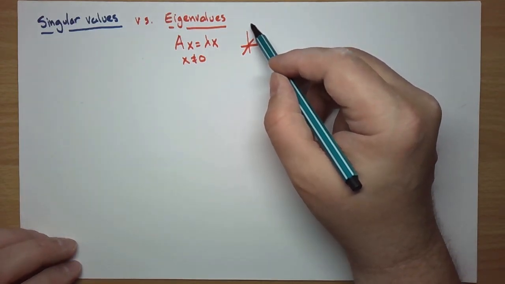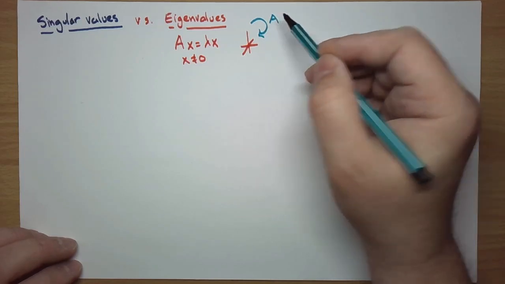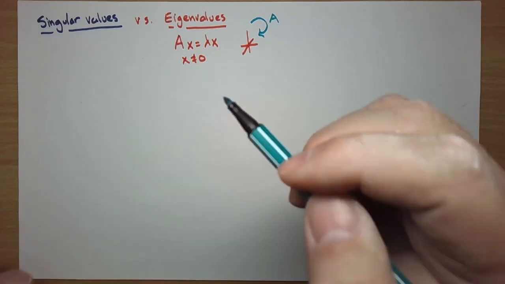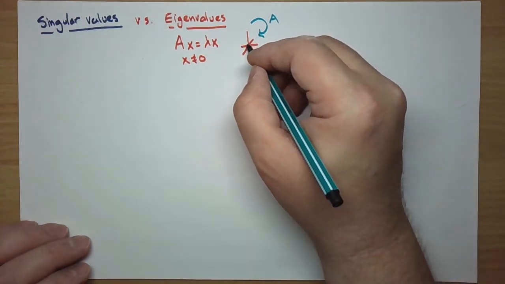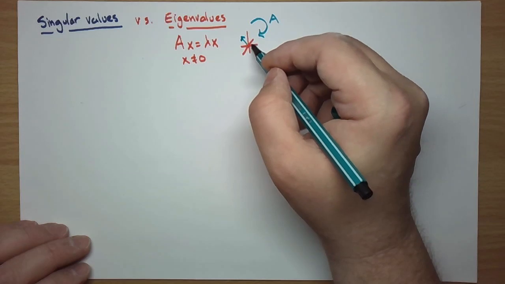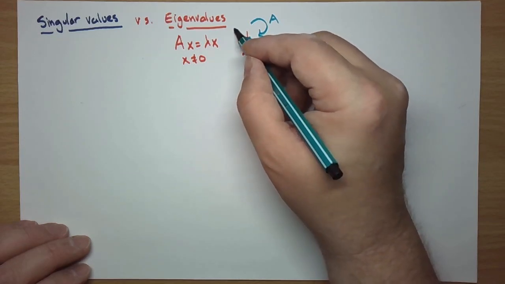Right. So the thing is, when you think about A, it's a map from the space back to itself. Now this is important. This is one of the things that's going to distinguish singular values versus eigenvalues. If I'm an eigenvalue, after I apply A, so here is x, I'm going to stretch.